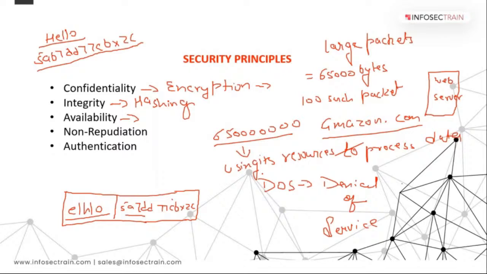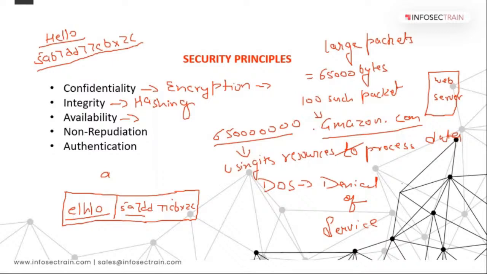Now what happens, your server has deployed all of its resources. Now if I as a user visit amazon.com again, all of the resources of that server are busy, right?